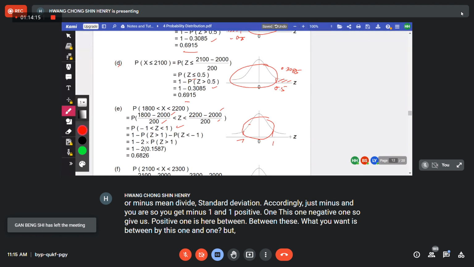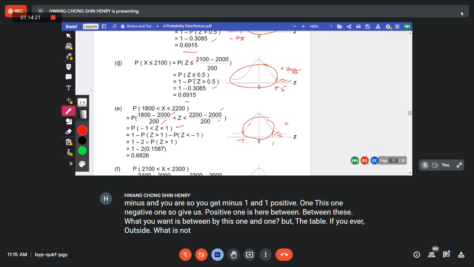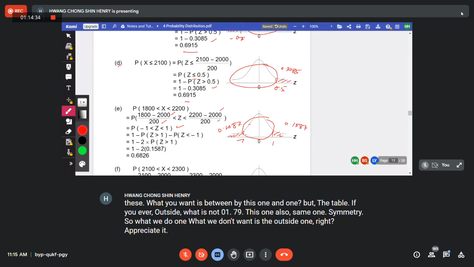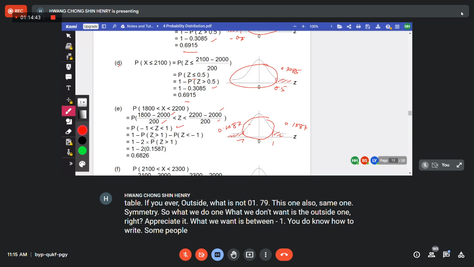But the table gives you again the outside one. How much is it? 0.157. This one is also the same. Symmetry. So what we don't want is the outside one, the shaded. What we want is between minus 1 and 1. Some people ask how to write this.